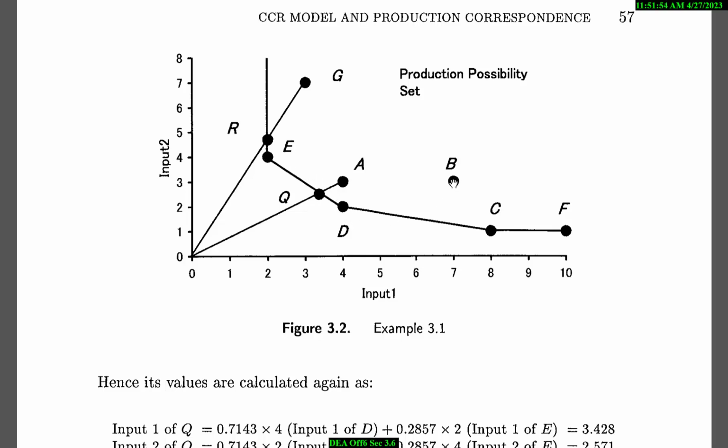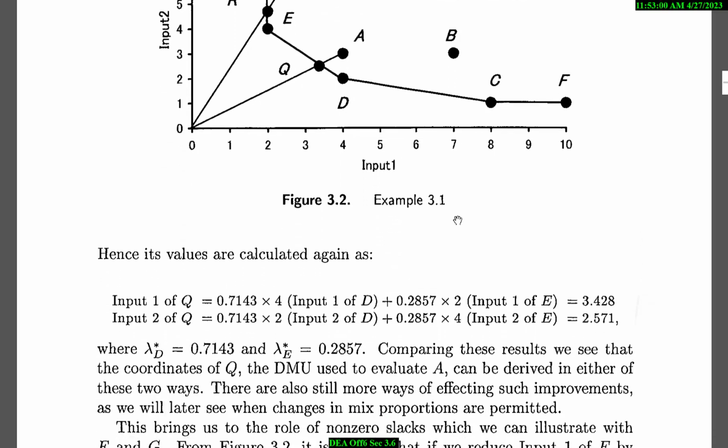For B, if you reduce the inputs, you will reach a point between D and C. So for B, the reference set is D and C. You can determine the optimal objective value graphically without using any solver, also by putting all the lambdas equal to 0 except lambda D and lambda C. Then you will get an equality system with three variables and three equality constraints that you can solve easily to find the optimal solution of the CCR model.